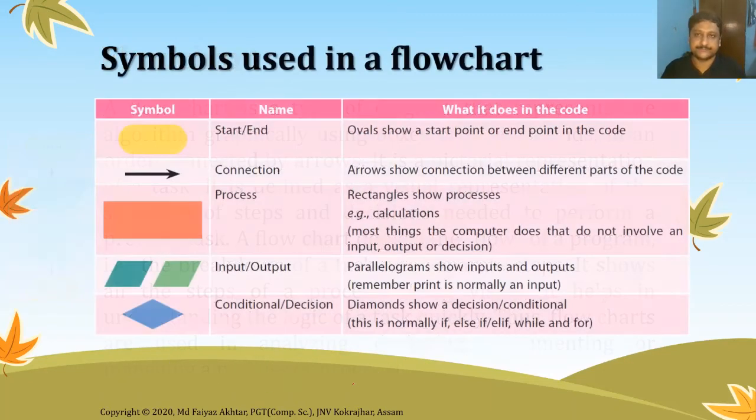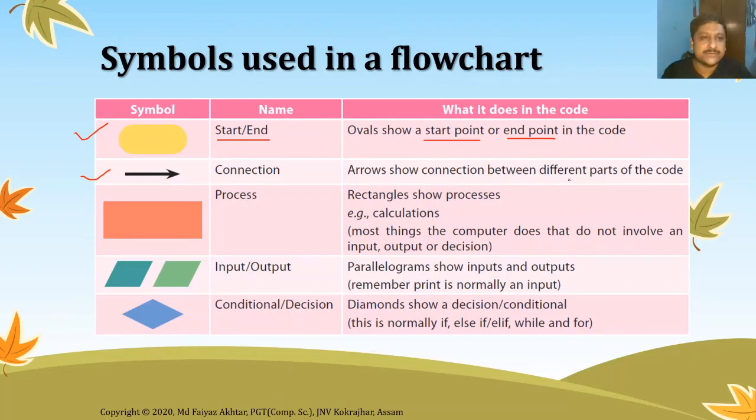These are the symbols for the flowchart. This is the oval, for start and end. Ovals show a start point or end point in a code. This is the arrow, for connections.